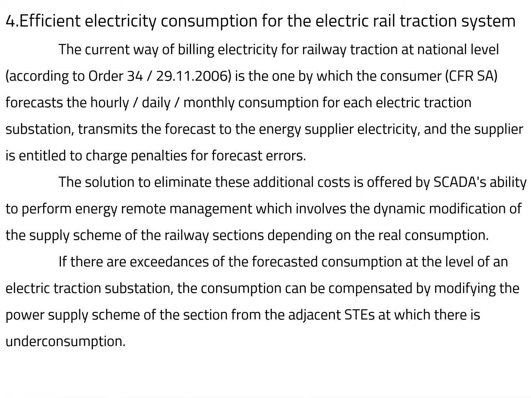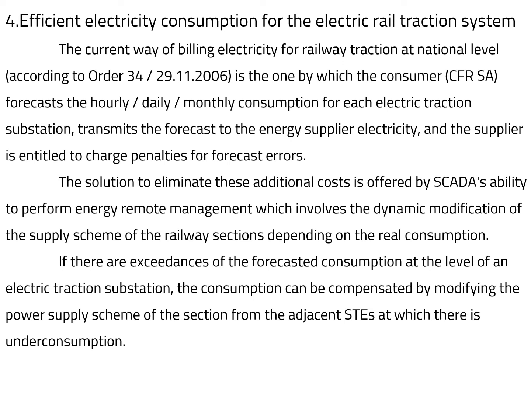Efficient electricity consumption for the electric rail traction system. The current way of billing electricity for railway traction at national level is the one by which the consumer, the national railway company, forecasts the hourly or daily or monthly consumption for each electric traction substation and transmits the forecast to the energy supplier company, and the supplier is entitled to charge penalties for forecast errors.